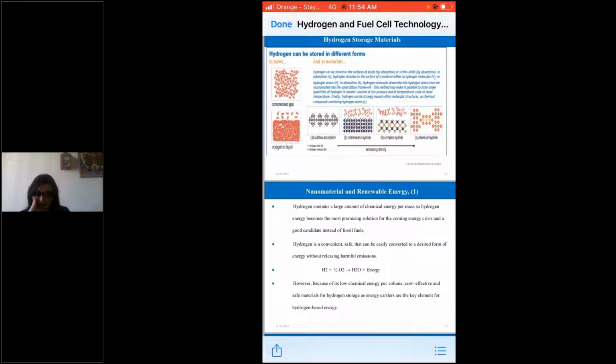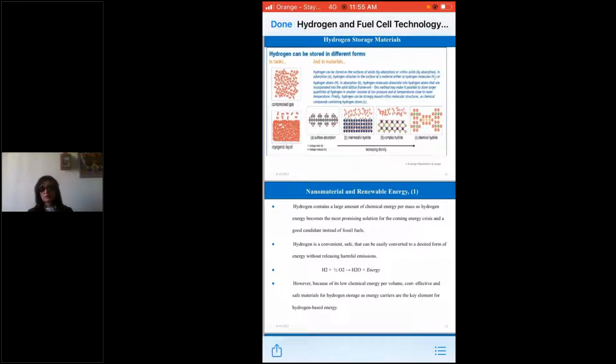Most people work on metal hydrides, and there are many prototypes around the world, but safe vehicles driven by hydrogen are still not working well. So people are storing hydrogen in porous materials like metal organic frameworks, porous polymers, and so on.